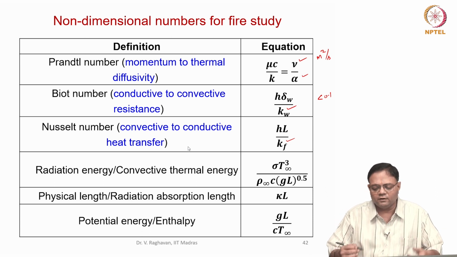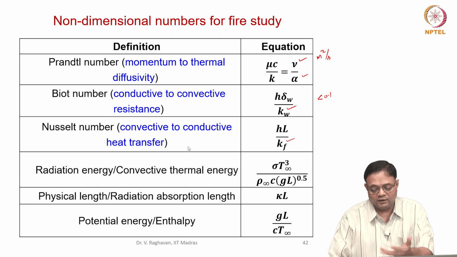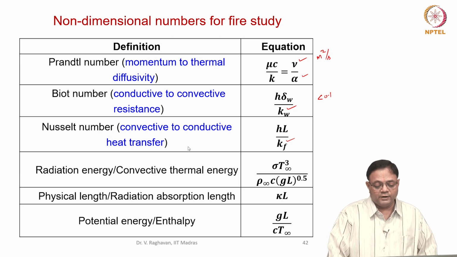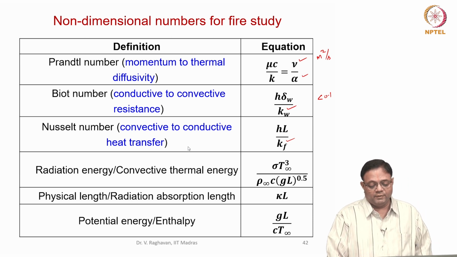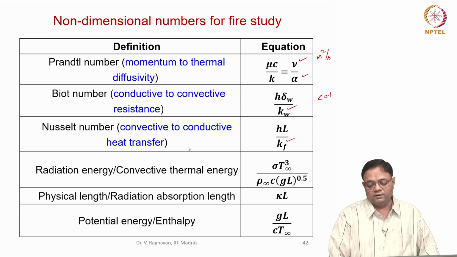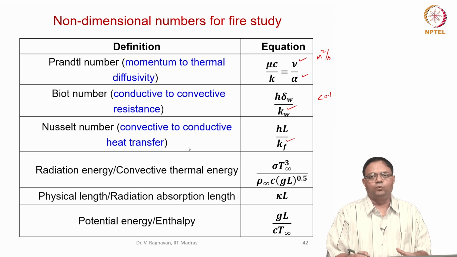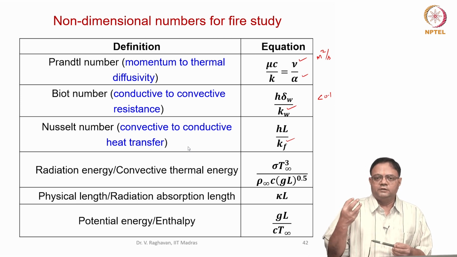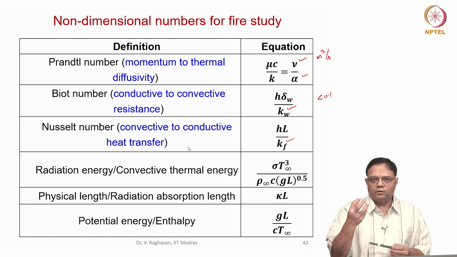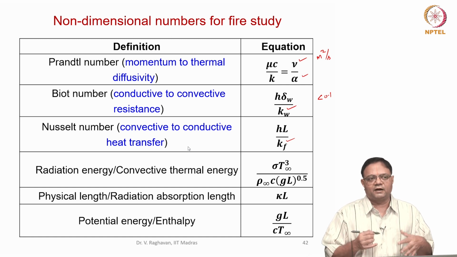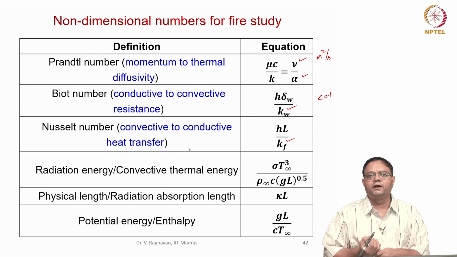Then we have several other non-dimensional numbers. Radiation energy divided by the convective thermal energy. Please understand that radiation, as I told you, in some instances, we will see that the convective heat transfer will be higher than the radiation.